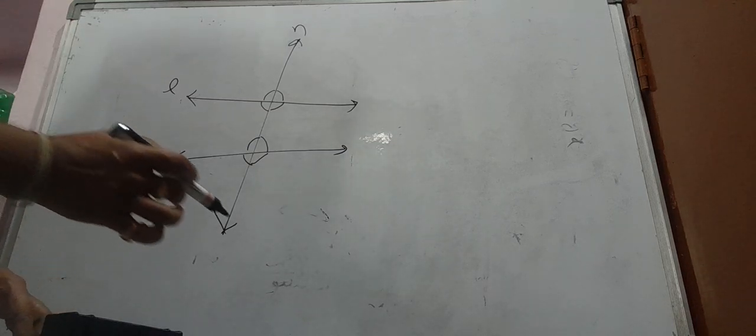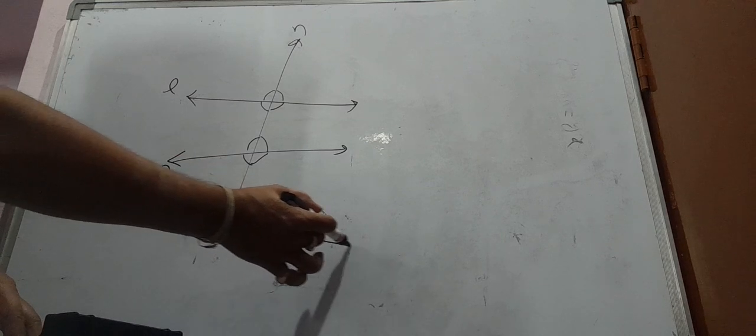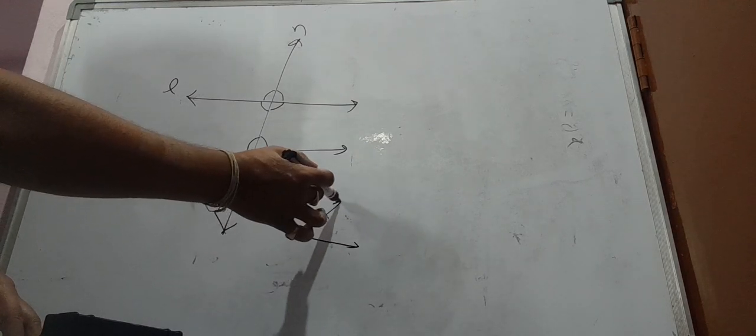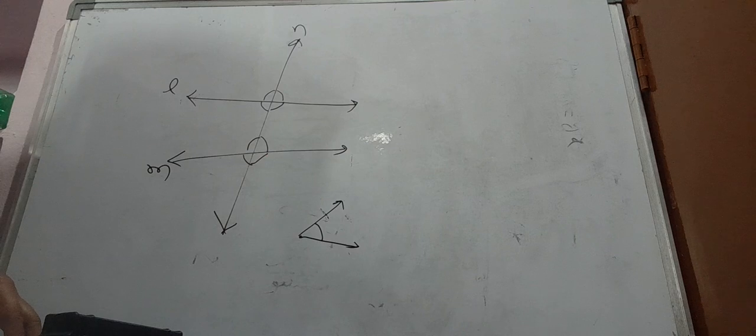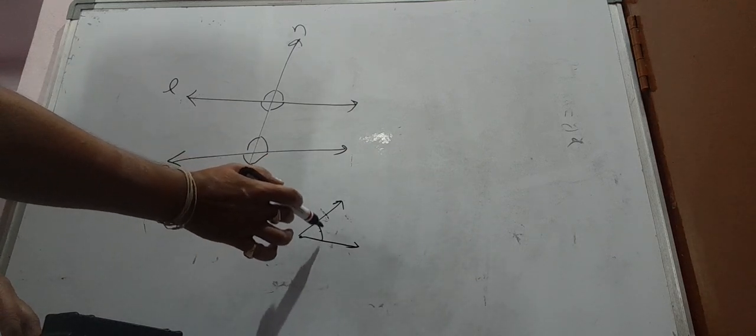From one particular point, if two rays move in different directions, the space between them is called an angle, and you learned about angles: acute angle, obtuse angle, right angle, straight angle, reflex angle and complete angle.